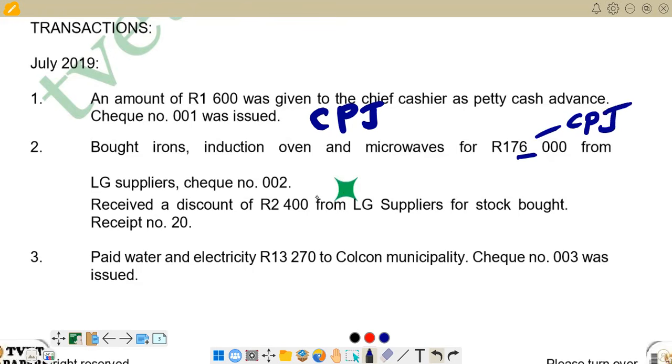So this one is going to go to the cash payments journal. Then we also have another amount, which is 2,400, which is a discount there, which is going to be our discount income, obviously. It is going to go to the cash receipts journal. So we have two amounts there. We can start with the one going to the cash receipts journal, 2,400, and enter it in the cash receipts journal.